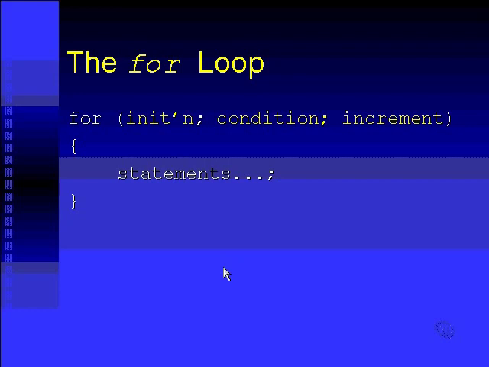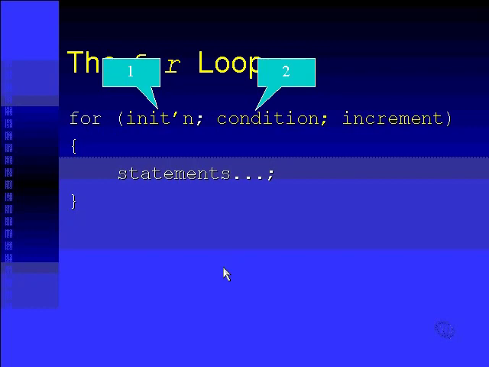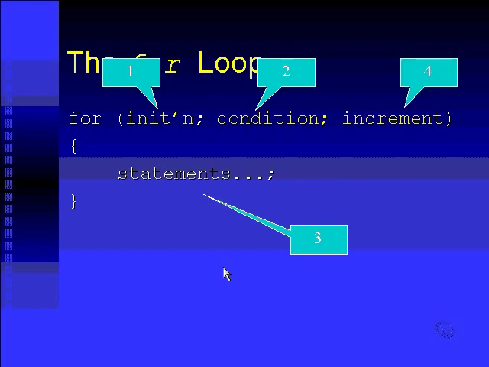So I'll summarize that and I'll add some numbers to this slide here. The very first thing that happens, the initialization happens. That's number one. The next thing that happens is the condition is checked. The next thing that happens is the statements are executed. Well, they're only executed if the condition is true. And immediately after the statements are executed, the increment is done.